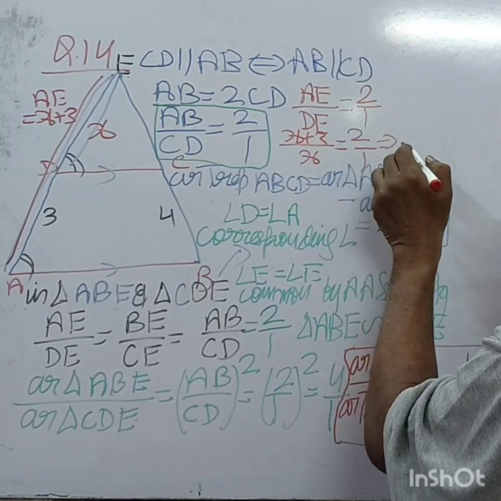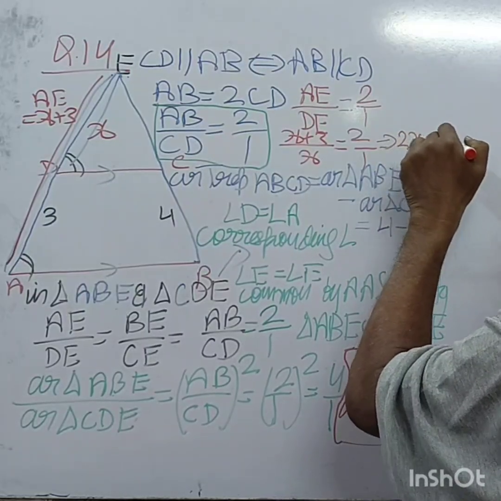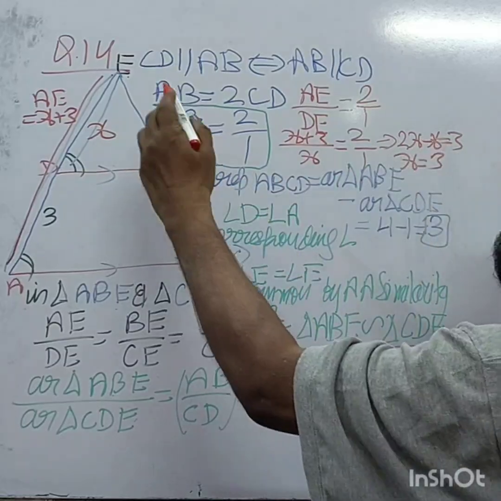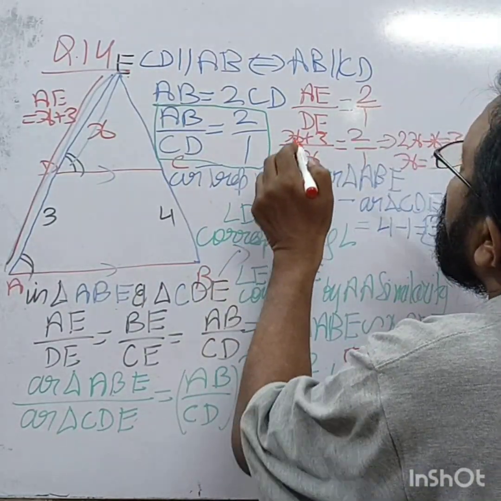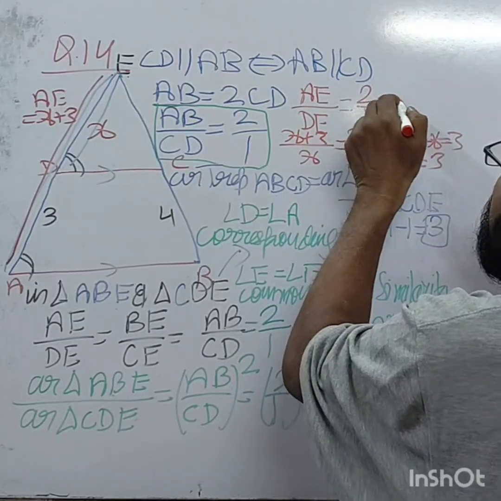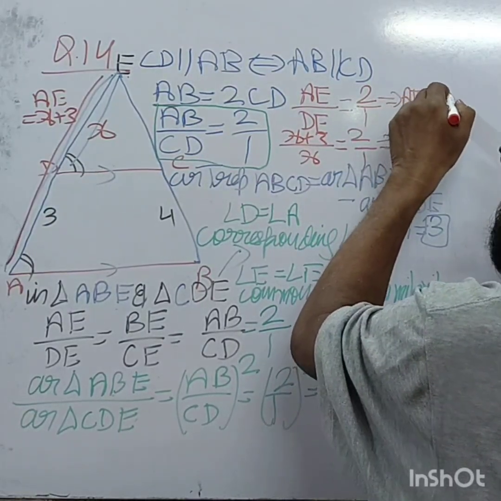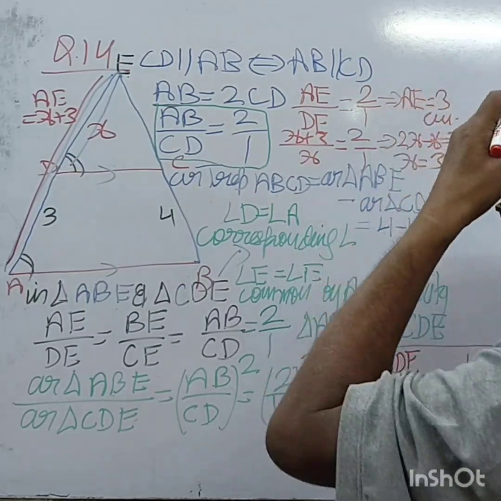How much do you get? 2x minus x is equal to 3. So x is equal to 3. So DE is 3 centimeter.